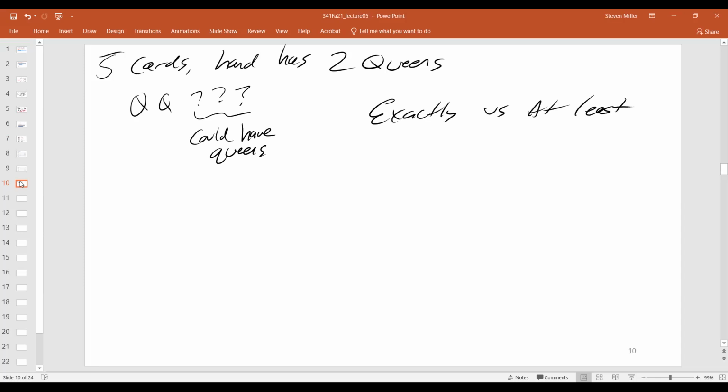So when you hear a hand has 2 queens, how many of you think the hand has exactly 2 queens? How many of you think the hand has at least 2 queens? I would interpret it as it has at least 2 queens. It is not well written. This is very poor.